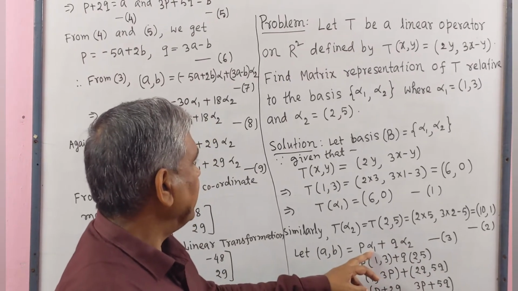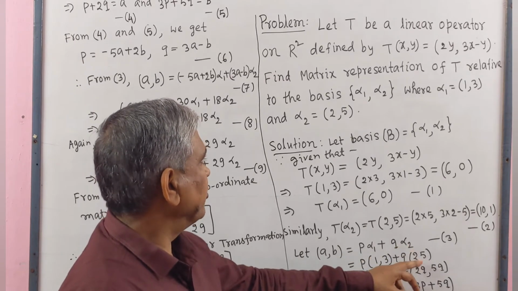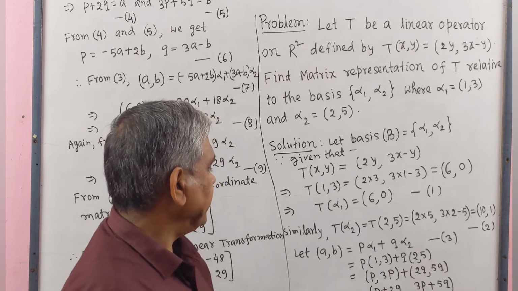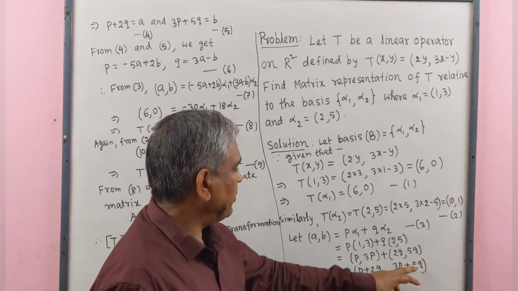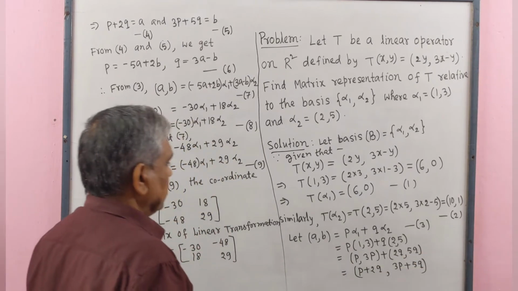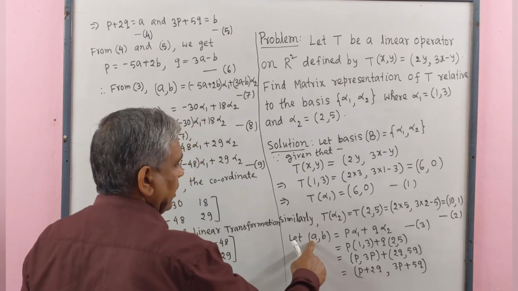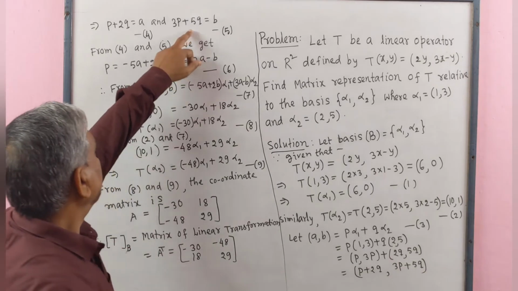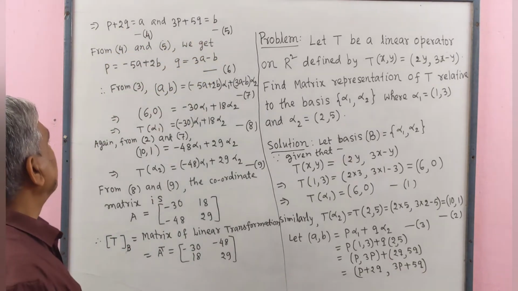Here alpha 1 is ordered pair (1, 3) and alpha 2 is ordered pair (2, 5), and we calculate this and we will get ordered pair (P plus 2Q, 3P plus 5Q). This means P plus 2Q equal to A and 3P plus 5Q equal to B. This is number 4 and this is number 5.